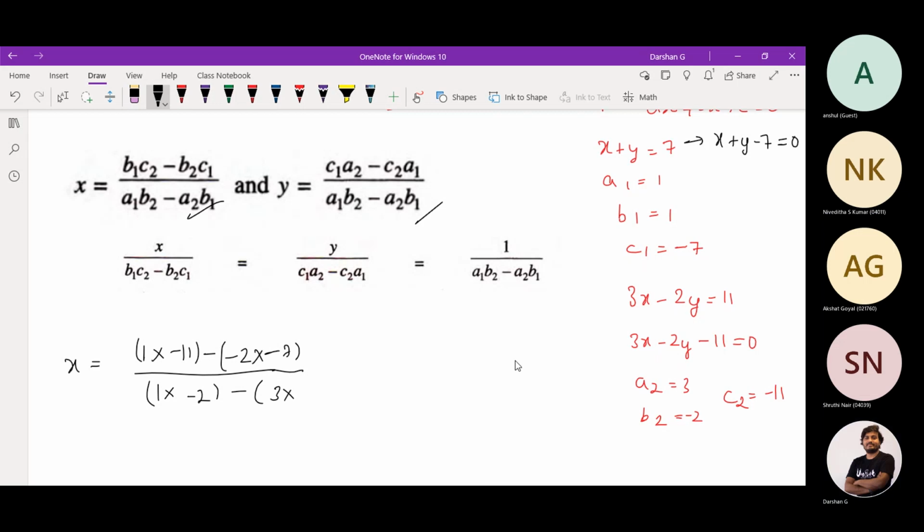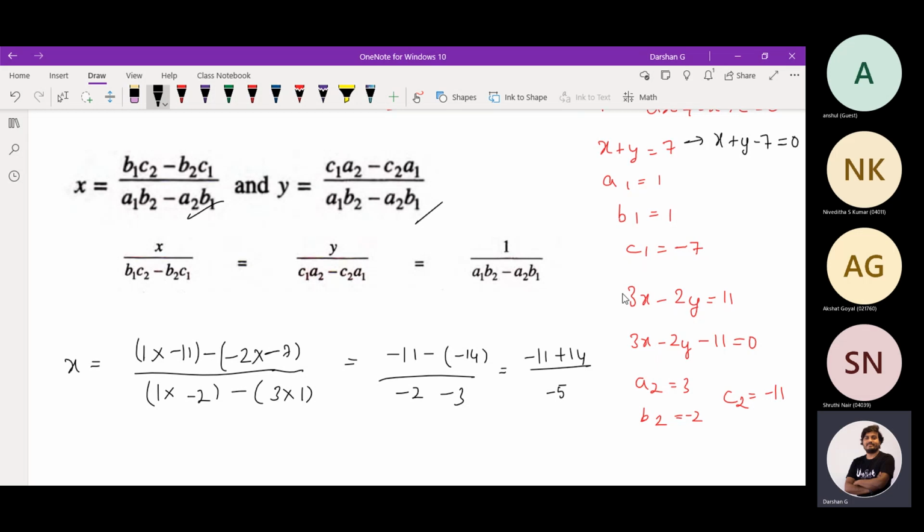B1 is 1, I think. So it is minus 11 minus of, remember there is a minus, of minus 14, divided by minus 2 minus 3. So it is minus 11 plus 14 divided by minus 5.